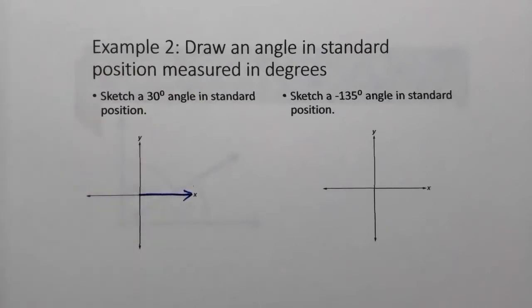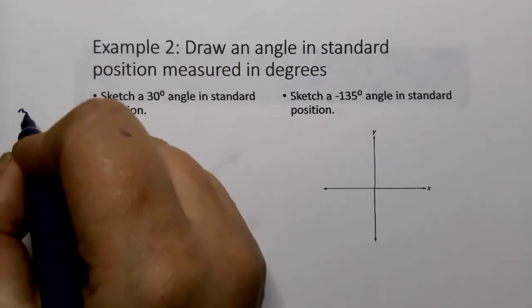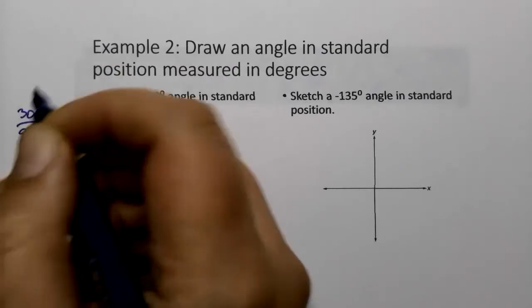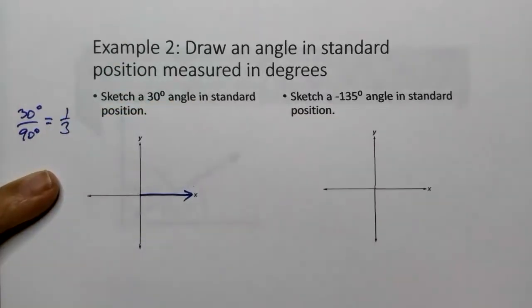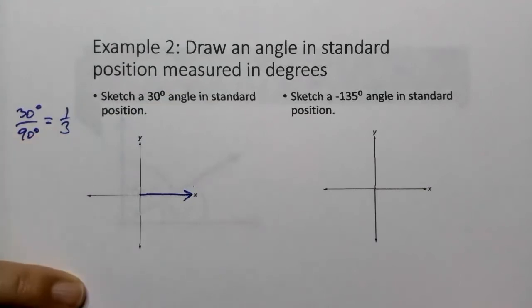Now, which portion of 90 degrees is it? If we just divide 30 by 90, when we simplify, we find out that it's 1/3. So a 30-degree angle is a third of a 90-degree angle.